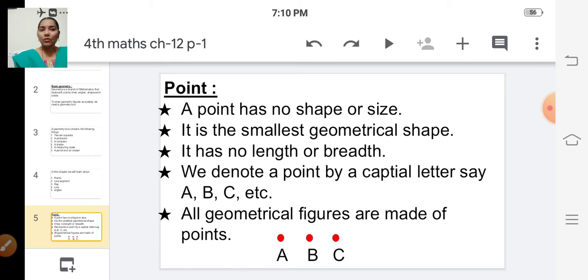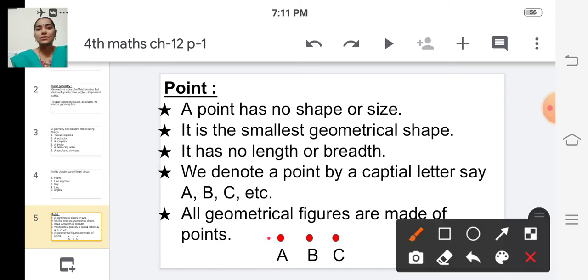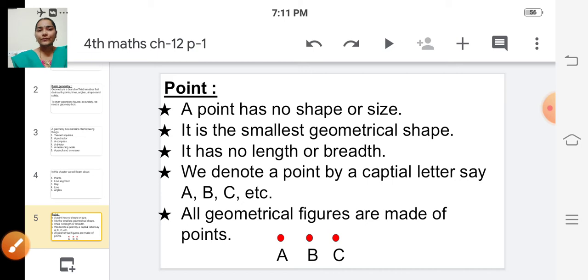We denote a point by a capital letter, say A, B, C, etc. All geometrical figures are made of points. So I have given examples. This dot is represented by capital letter A, this dot is capital letter B, and this dot is represented by capital letter C.